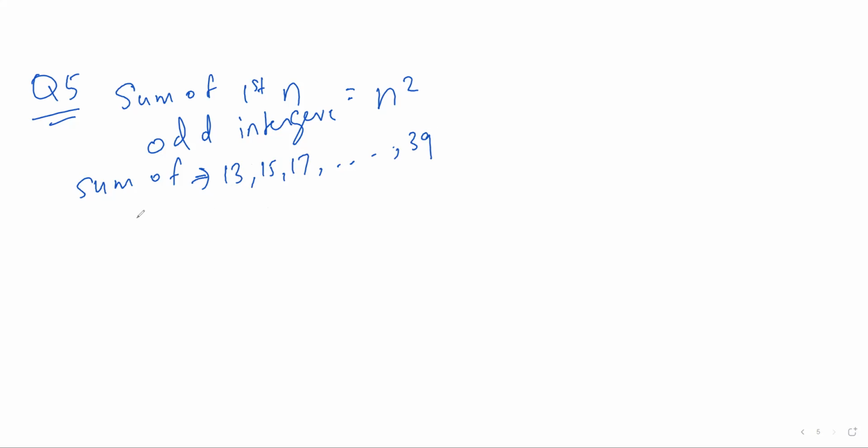So you can find the sum of odd numbers up to 39 minus the sum of odd numbers up to 11.